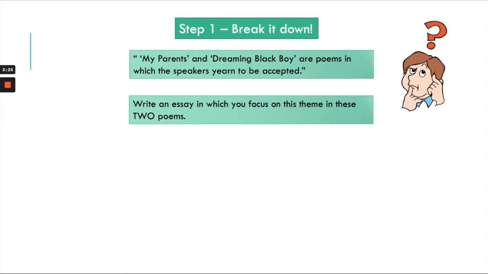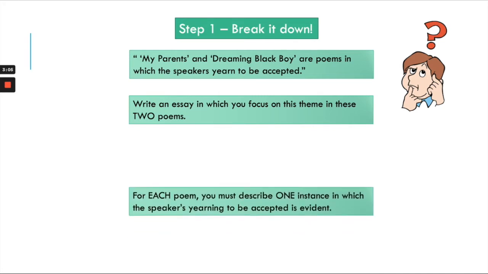Next, look at what you're being asked to do. You must focus on this theme in the two poems. Which theme? The yearning for acceptance, the desire to be accepted. Once you have understood that, you move on to the next sentence.